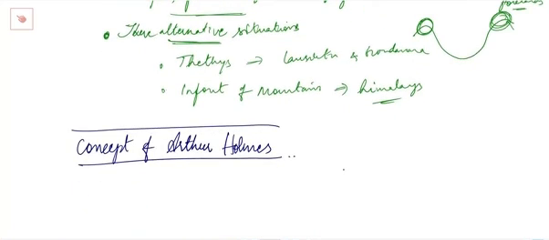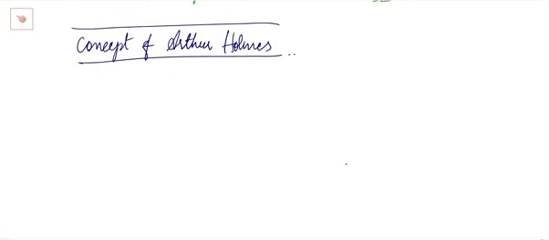Then let's see the concept of Arthur Holmes, what he postulated for us to understand. He basically said that sedimentation leads to subsidence, which we have seen in the general characteristics. He said this entire process is not sudden, it takes time.